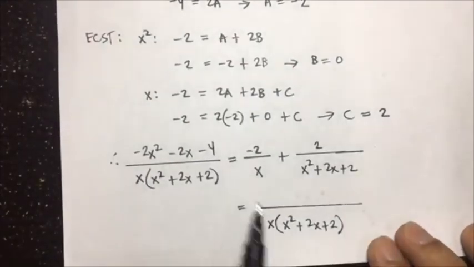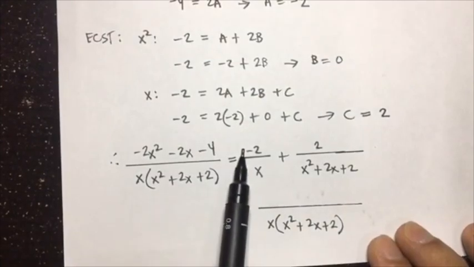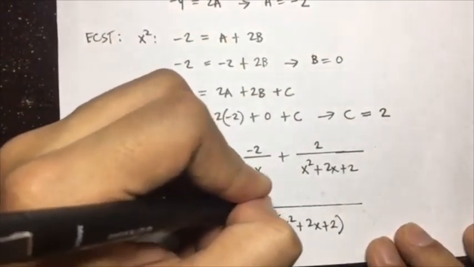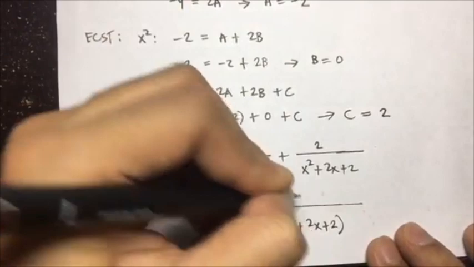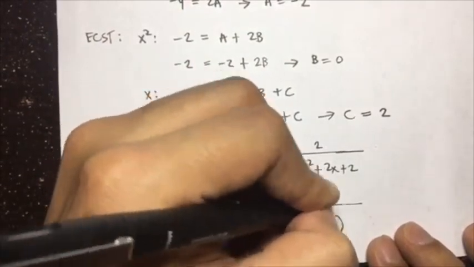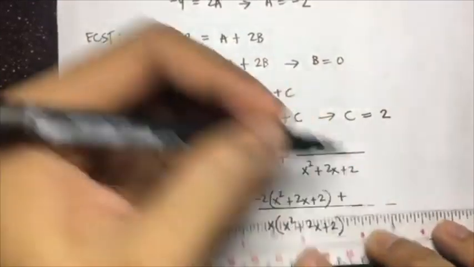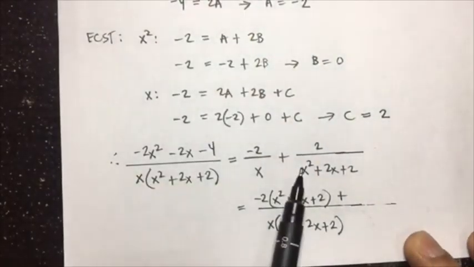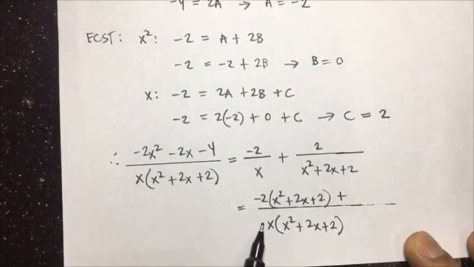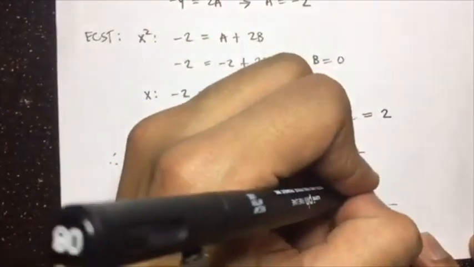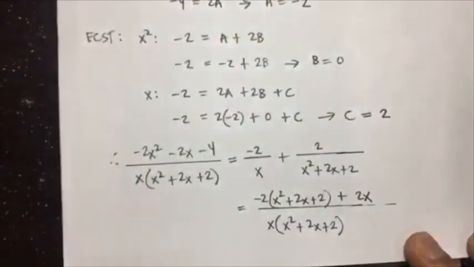Then this one divided by this multiplied by the numerator, so it will become negative 2 times x squared plus 2x plus 2, and then plus this one divided by this, so what will remain is x, multiplied by the numerator, so we will have 2x.